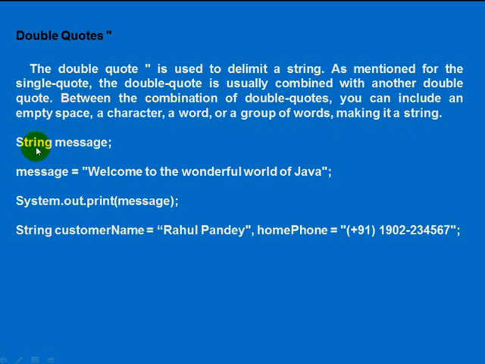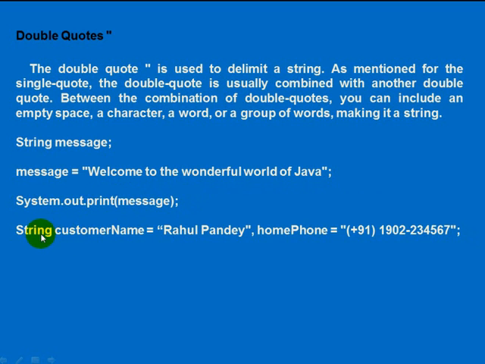For example, we have declared a message variable of data type string, and we are assigning "welcome to the wonderful world of Java". This is a string that is enclosed in double quotes, and that is being assigned to the message variable. We can print it with the help of the print statement, System.out.print(message).